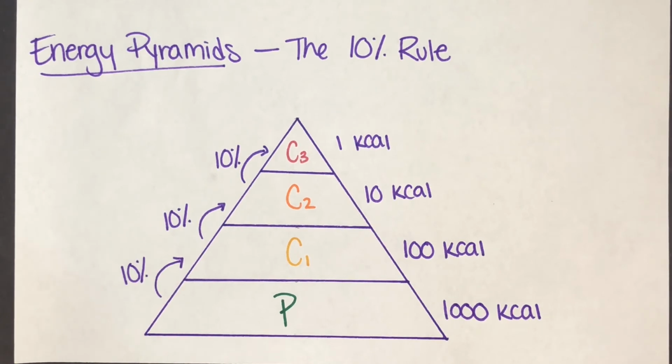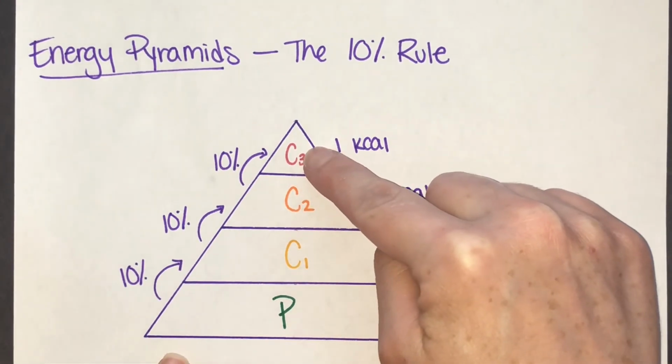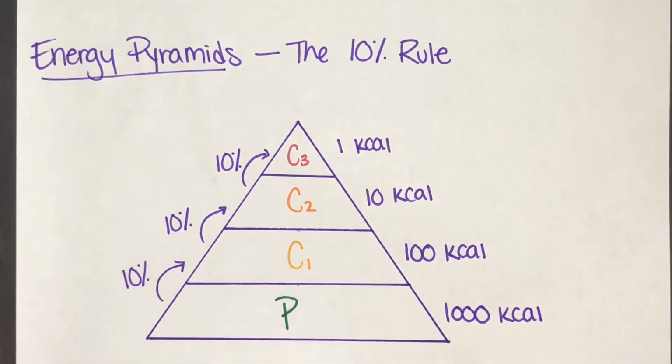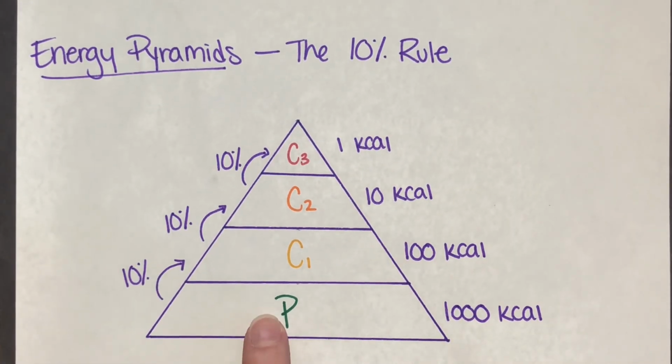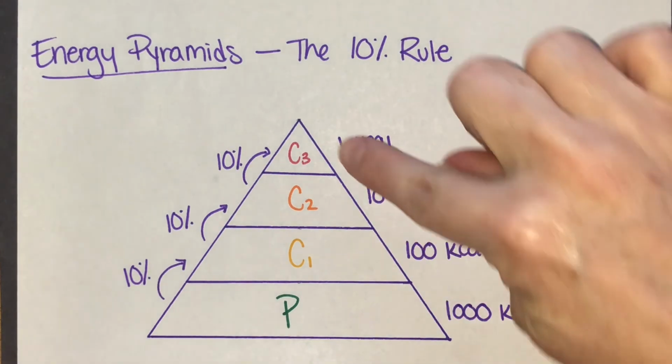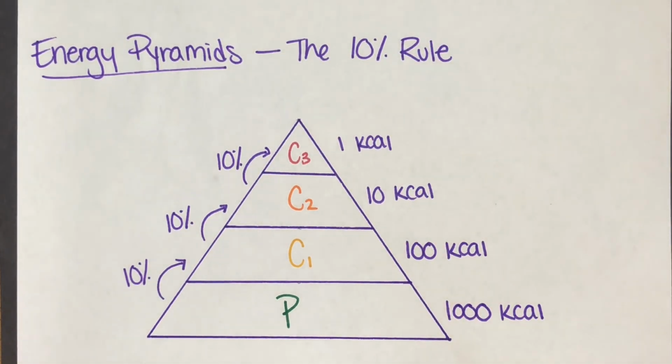This is called the 10% rule. The higher on the energy pyramid an organism is, the less available energy there is per animal. This is why there are a lot more producers in any given ecosystem than there are tertiary consumers.